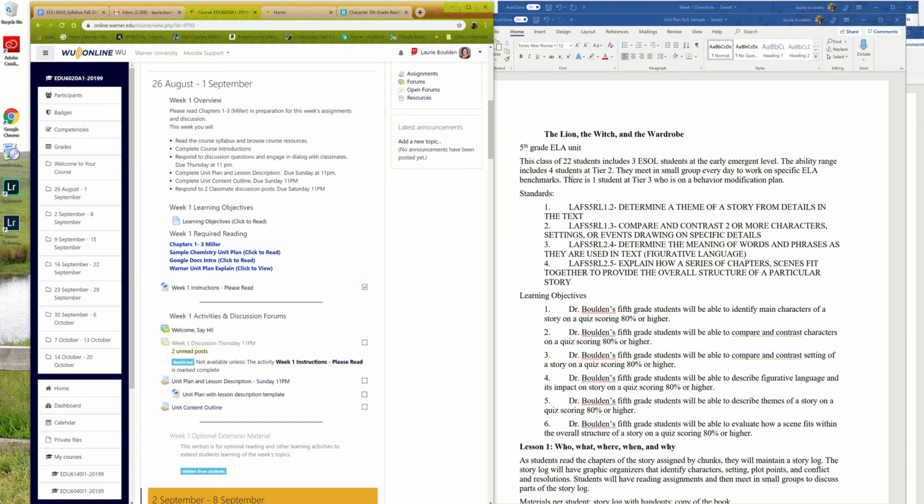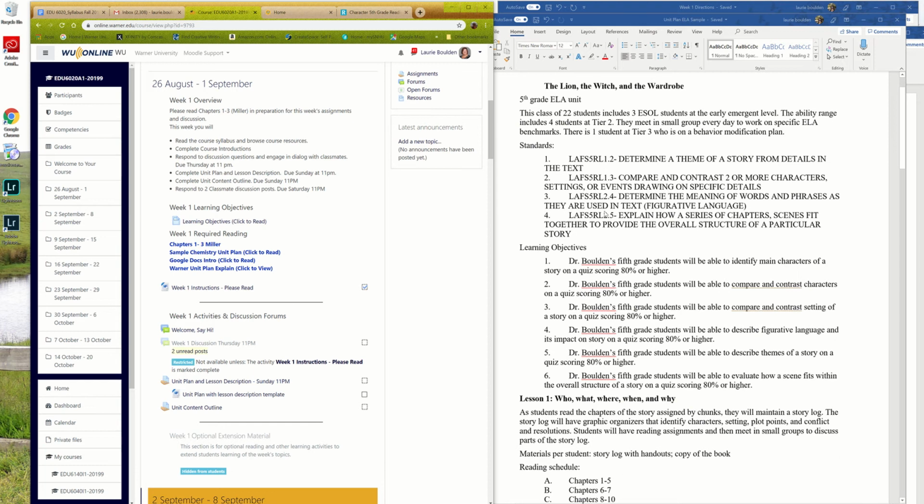This is developed for a class of 22 5th graders. 3 are ESOL students at the early emergent level, and then I have 4 students at the tier 2, meeting in small group every day. And then there's 1 tier 3 student behavior modification, but that won't come into the plan.